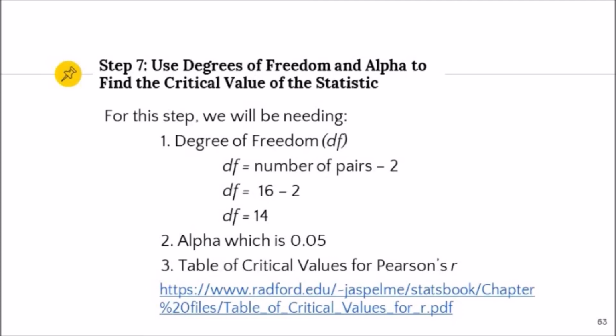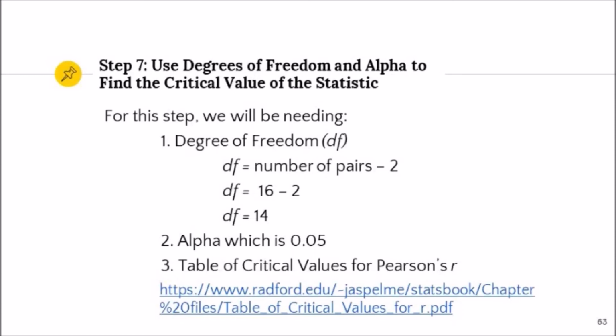For this step, we need to find first the value of the degree of freedom, or DF. The formula for DF is number of pairs minus 2. The number of pairs is synonymous with n. Thus, it is 16. 16 minus 2 is equal to 14.